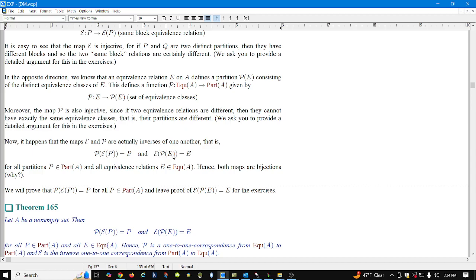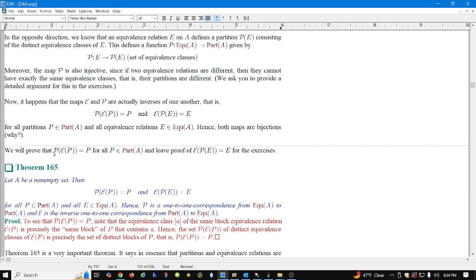If you start with an equivalence relation and you form its partition of equivalence classes, and then you look at the same block relation for those equivalence classes, you get the original equivalence relation back again. Okay?